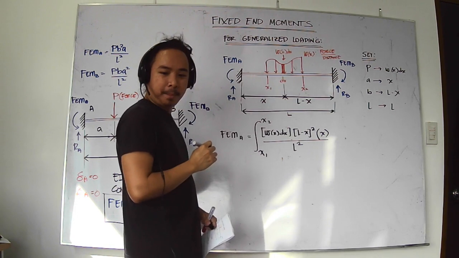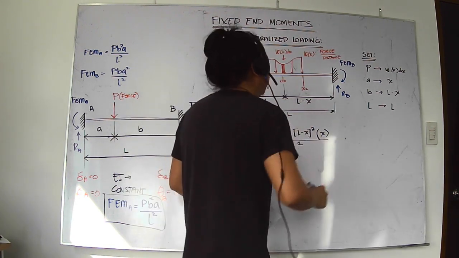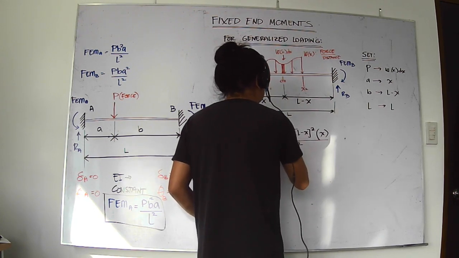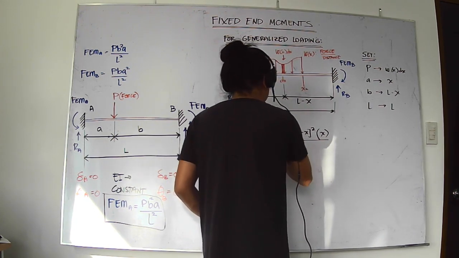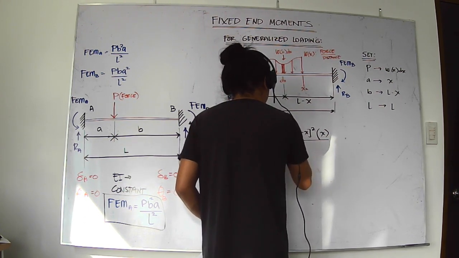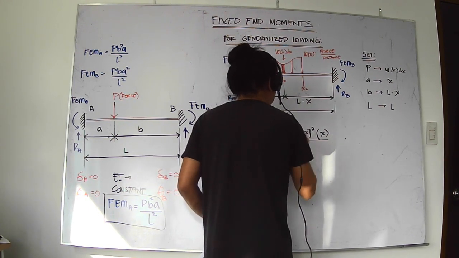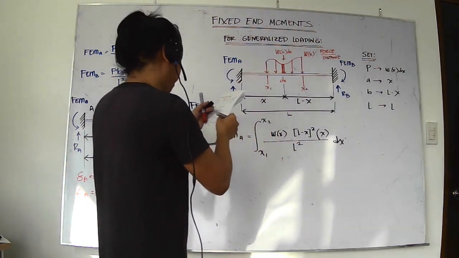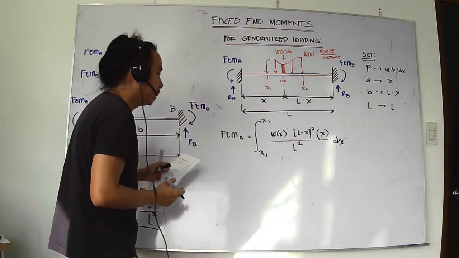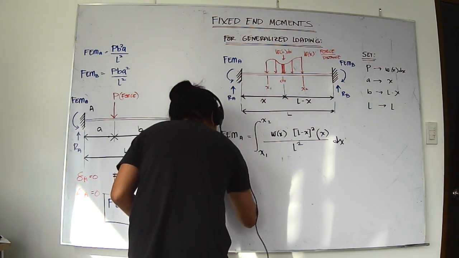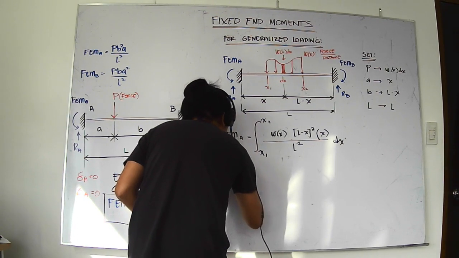If I rearrange this, I move the dx to the side, since it is not proper to leave it there. So I have something like this. That is for FEM-A.